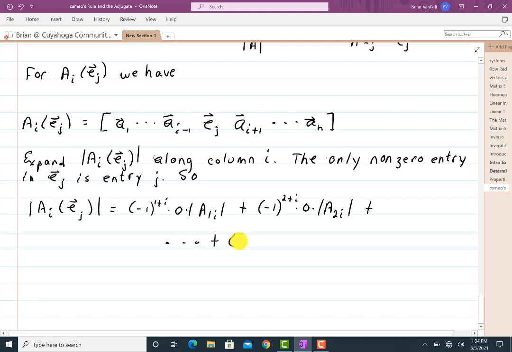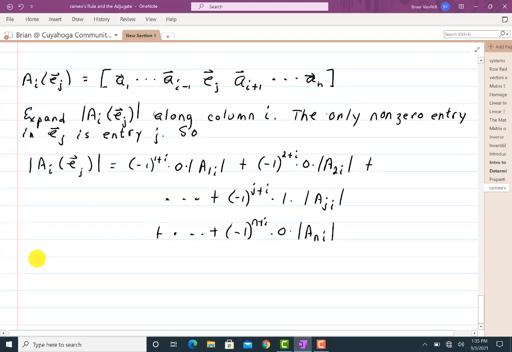So we're going to have -1 to the j plus I times, and what did we have there? We had a 1, and then what else did we have there? We had an a j I, like so, and then plus dot dot dot, I'll end it off, -1 to the n plus I times 0 times a n I. So everything's 0 except for that one thing.